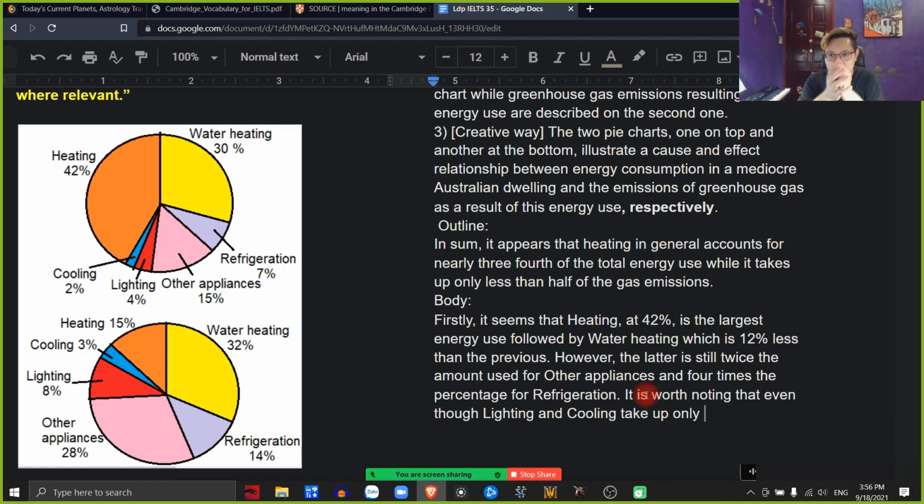Take up only a total of 6% of energy usage. Instead of saying use, I can use the word usage.